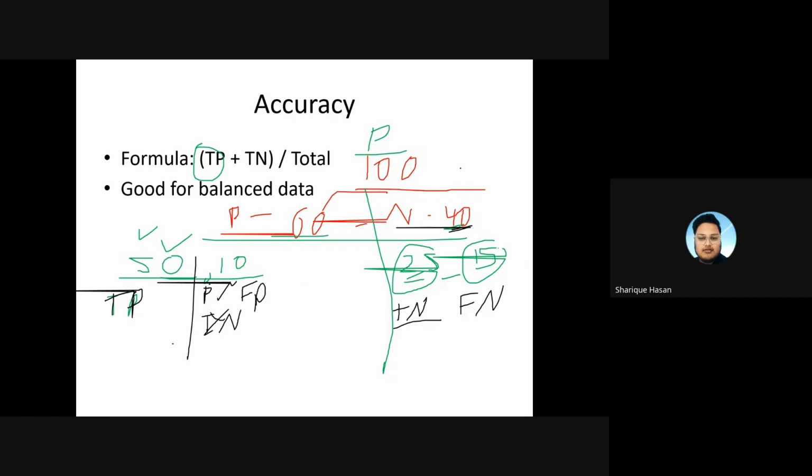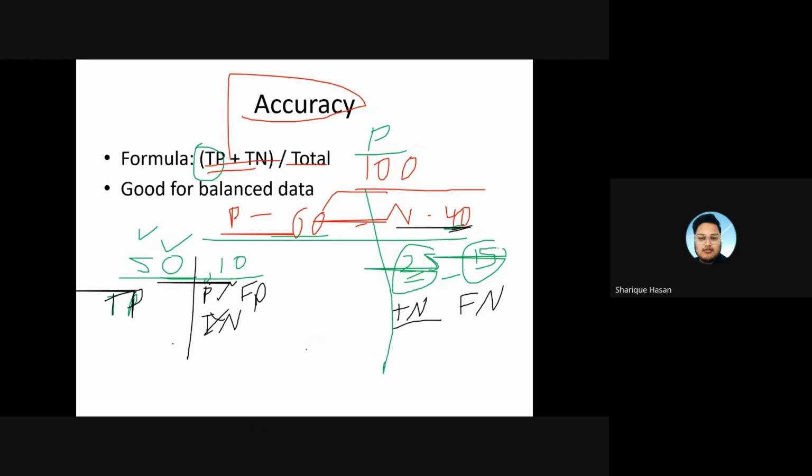Now we come to accuracy. How are we going to calculate accuracy? Accuracy means true positive plus true negative divided by total. The literal meaning of accuracy is whether the predictions done by our model are correct or not.